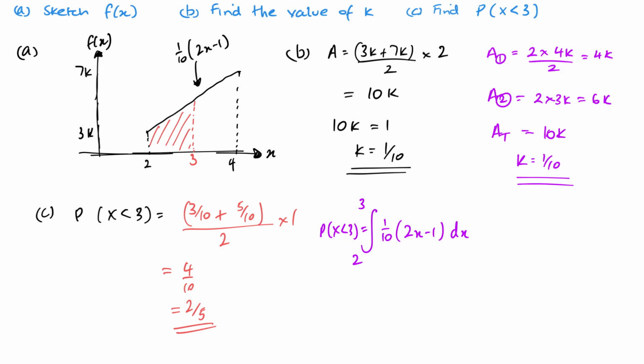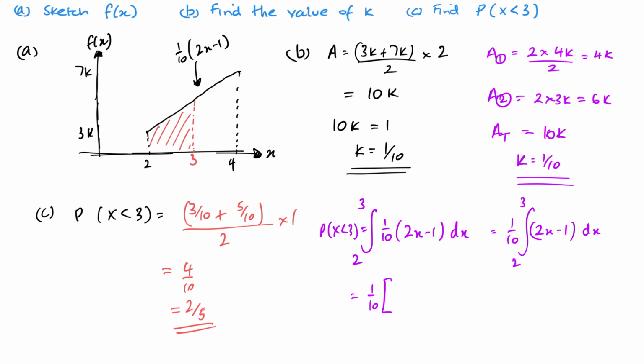I personally do like to take the 1/10, that constant, outside. I just think it's a little bit easier when it comes to doing my integrating, and it makes no difference, but it's up to you whether you take it outside or not. But I'm going to take it outside, so that's going to leave me my 1/10.